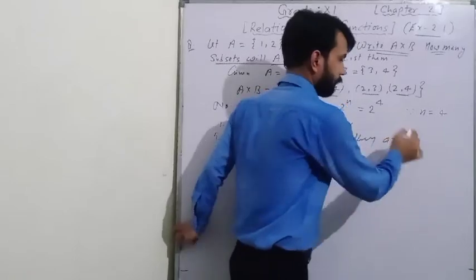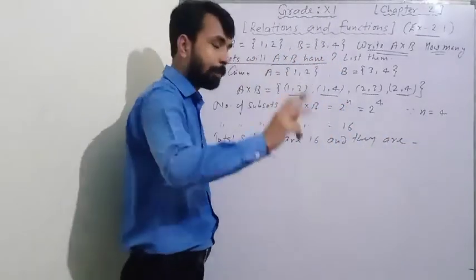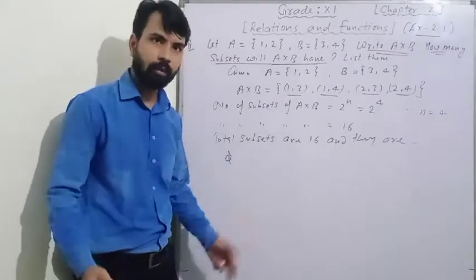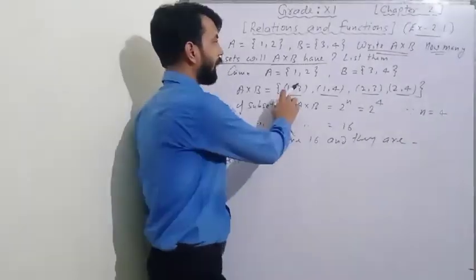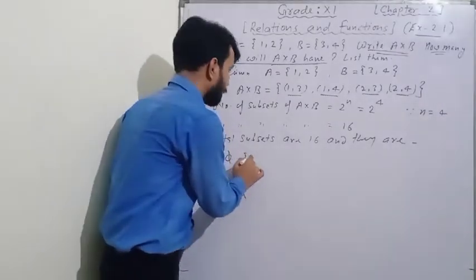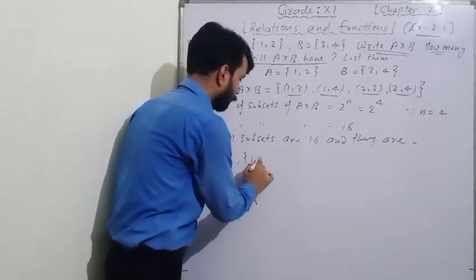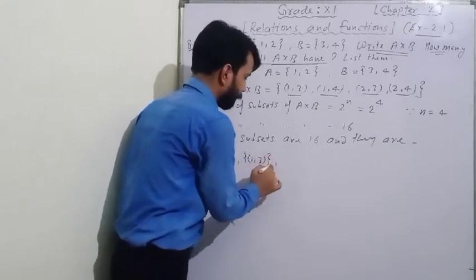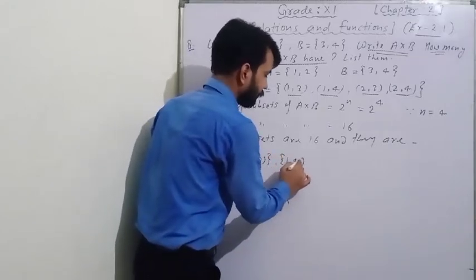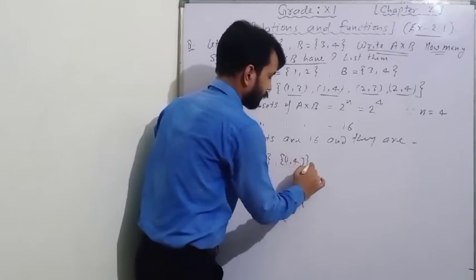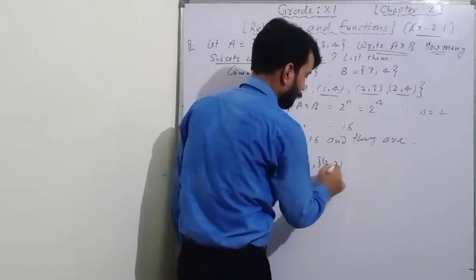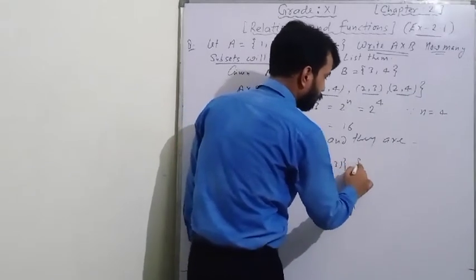I told you in the first chapter the very first subset will be the empty set. After that, close each element in curly brackets. So the first element is (1, 3) in a bracket. Second is (1, 4). Next is (2, 3). Next is (2, 4).